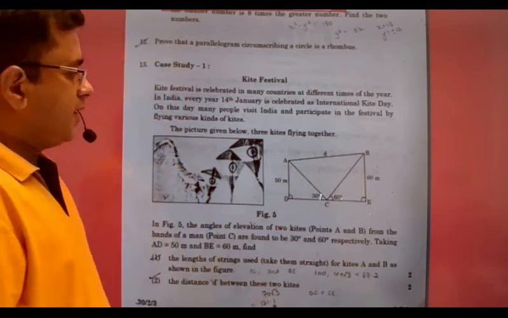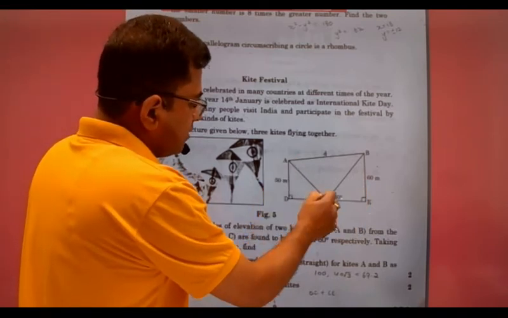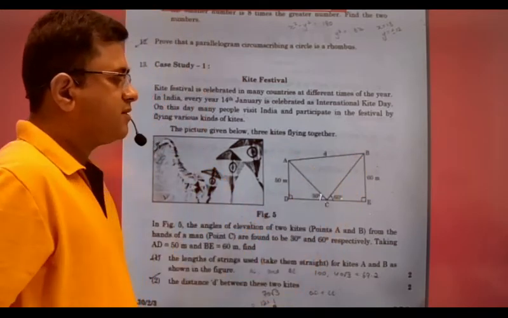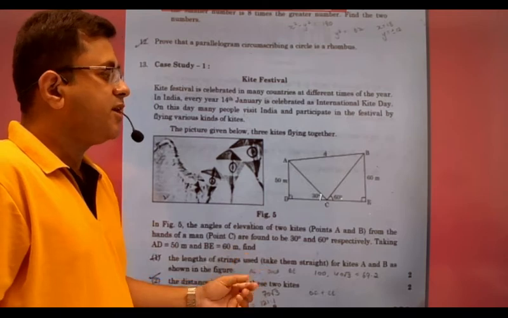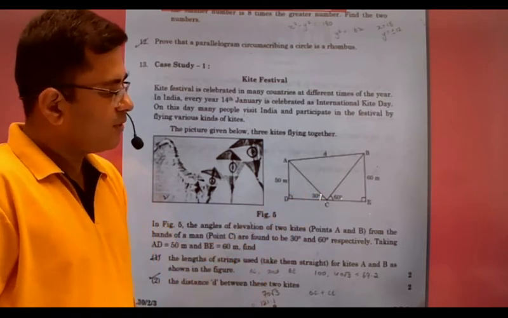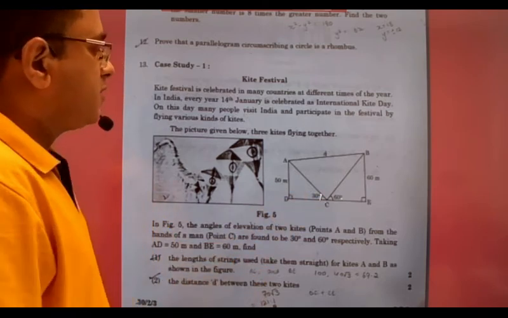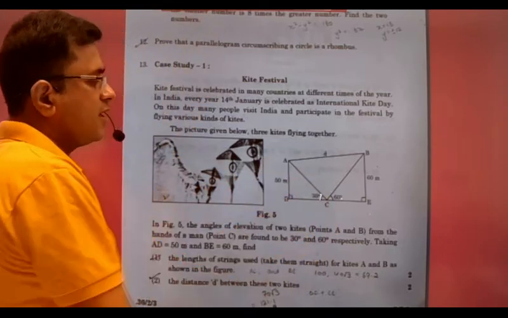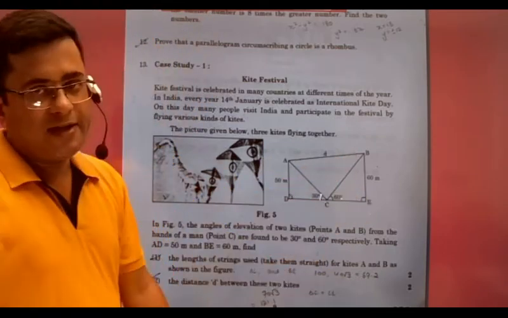You need to find the distance from A to C and B to C, meaning the length of the string of both the kites, because the person is flying these two kites.